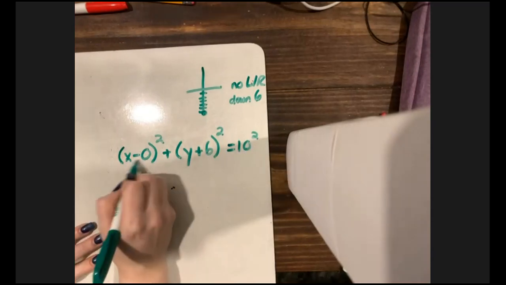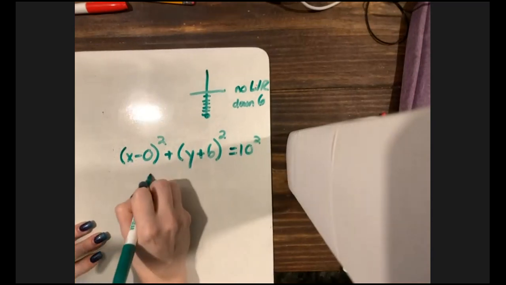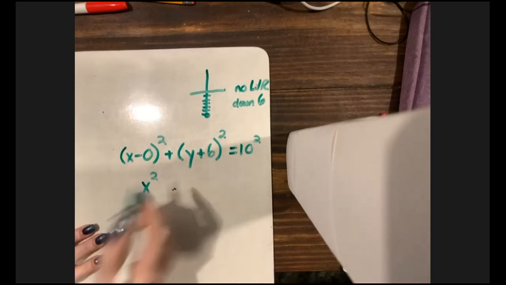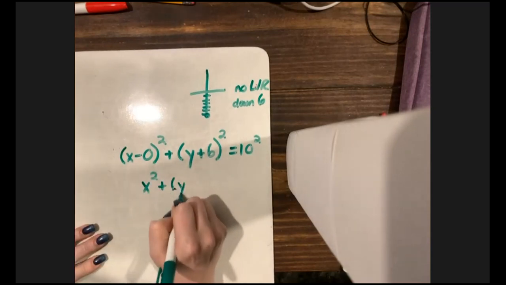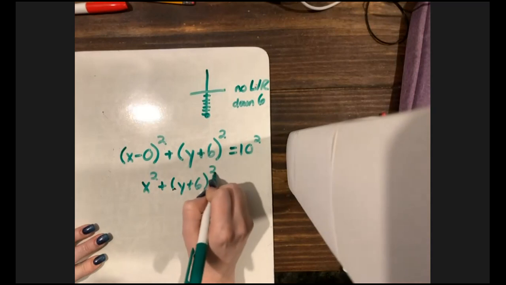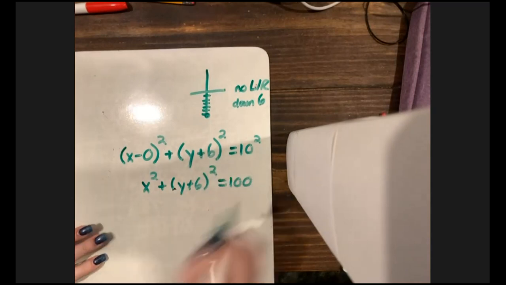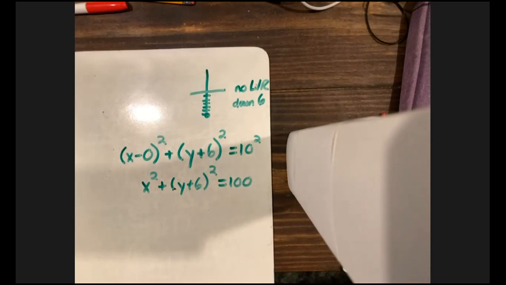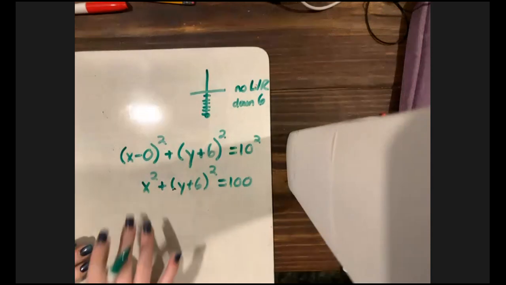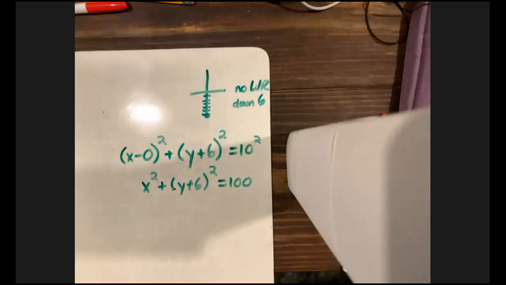Now, I don't have to write this square. That's going to be x squared. You are going to leave this part. We're not going to try and multiply that out. And then they're going to have that one at 100. So this is that format.